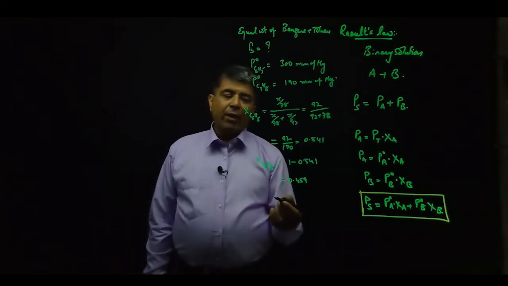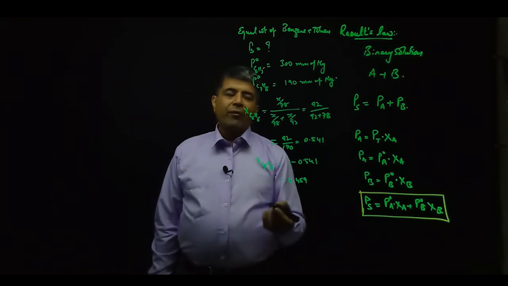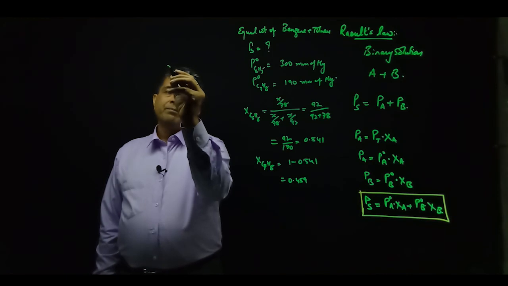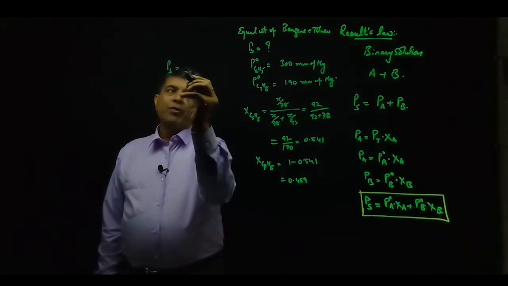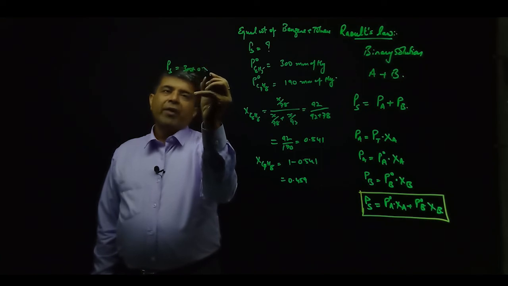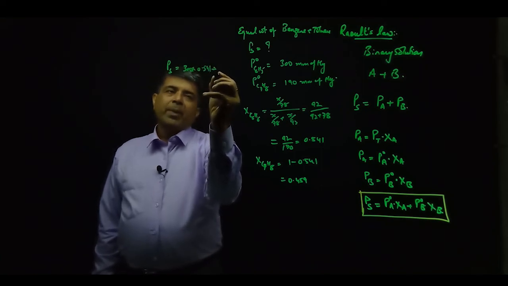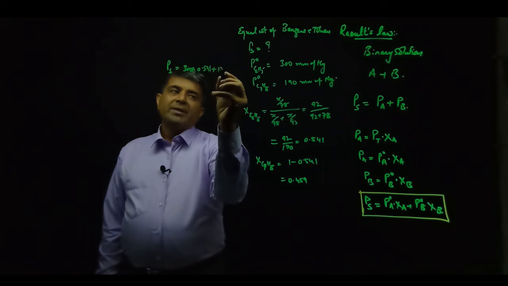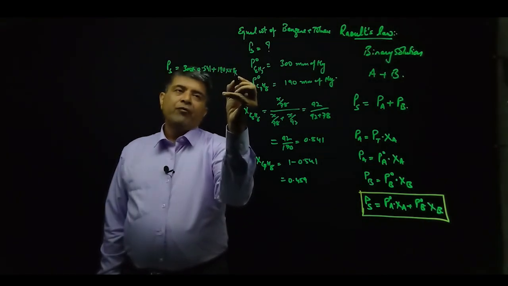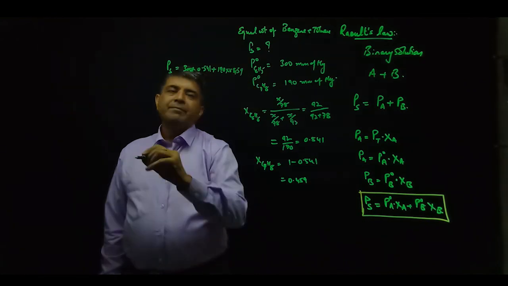So now we can calculate the vapor pressure of the solution. It would be 300 into 0.541 plus 190 into 0.459.